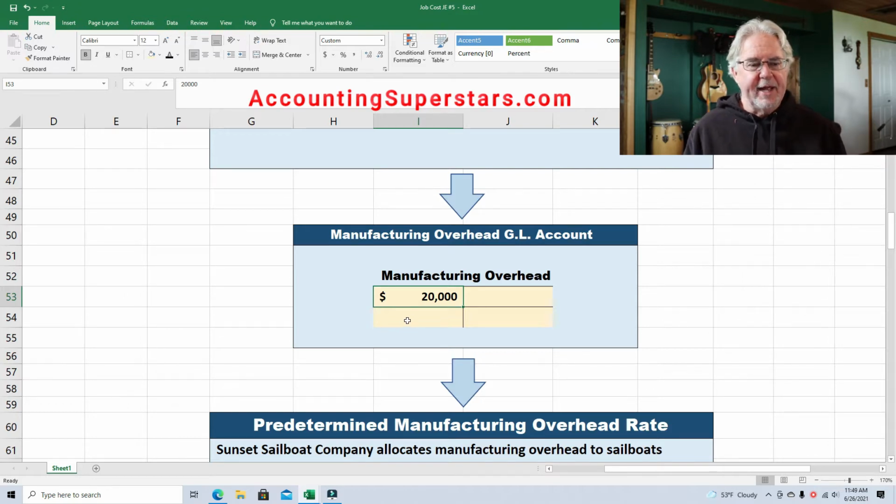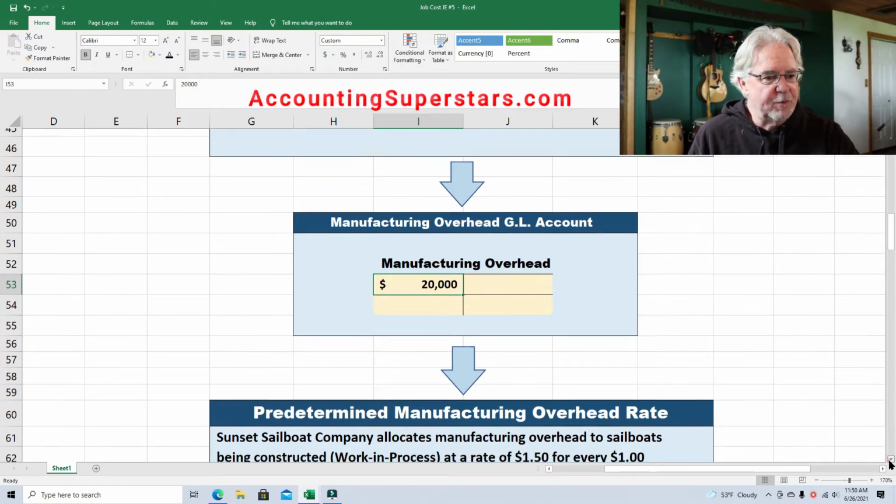As we're proceeding through the year, overhead that is incurred, property taxes, insurance, indirect materials, you name it, all kinds of things. Manufacturing overhead is simply just a holding account. It's not a permanent account. So on the left-hand side here, this actual overhead, this is money or numbers going into the account.